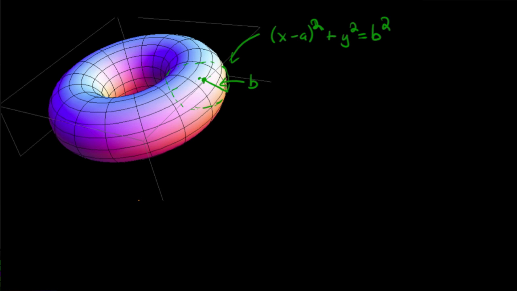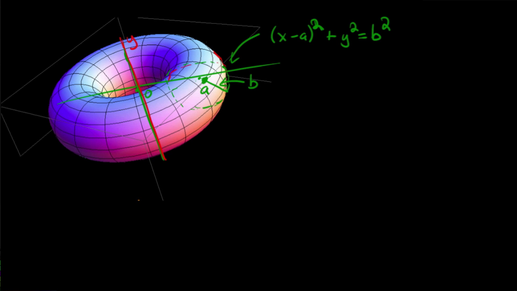Here, let's assume this is the axis. So this is 0, and this point would be a. This circle of radius b is rotated around the y-axis.